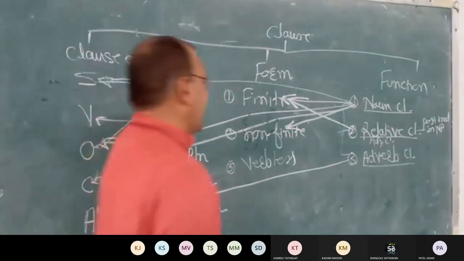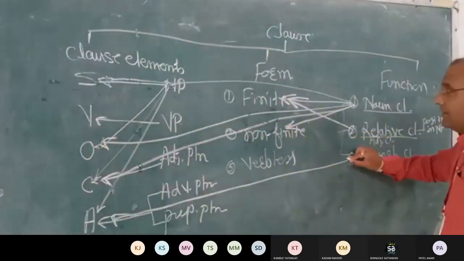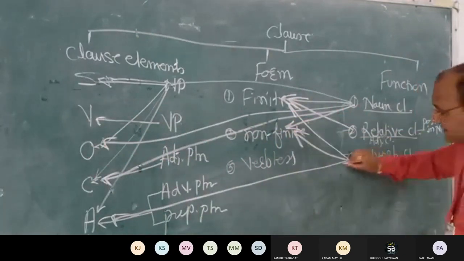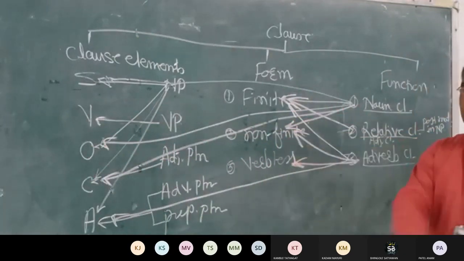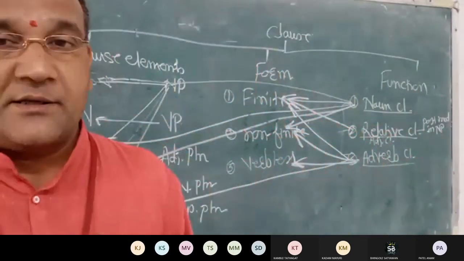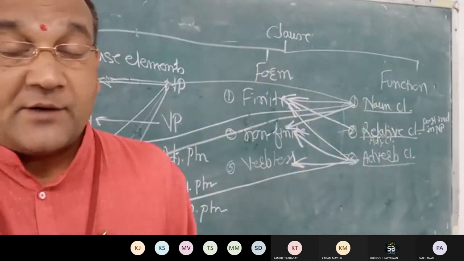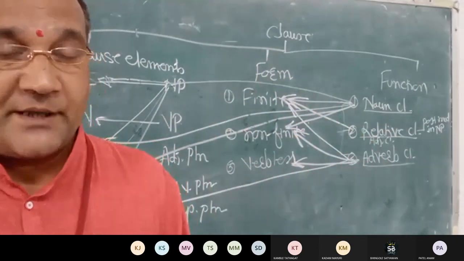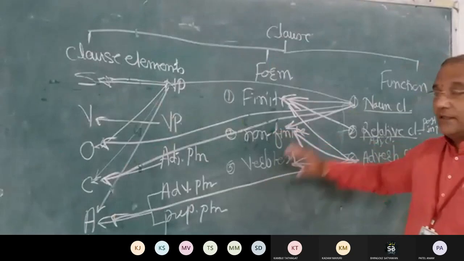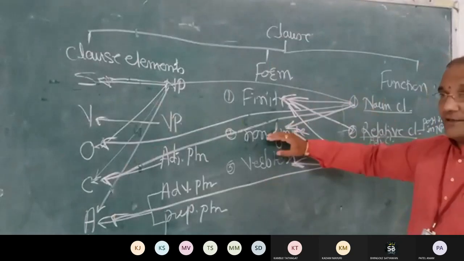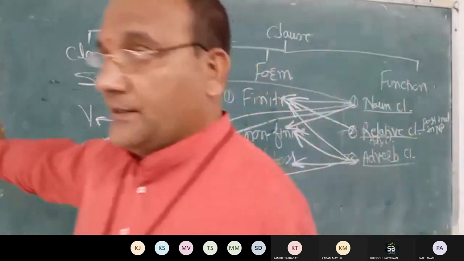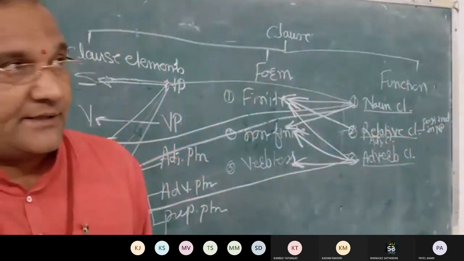And adverb clause may be finite, may be non-finite, and verbless also. So only an adverb clause can be a verbless clause, not a noun clause or a relative clause. Clear? Adverb clause may be finite, non-finite, and verbless. Noun clause may be finite, non-finite. Relative clause always finite. Clear?